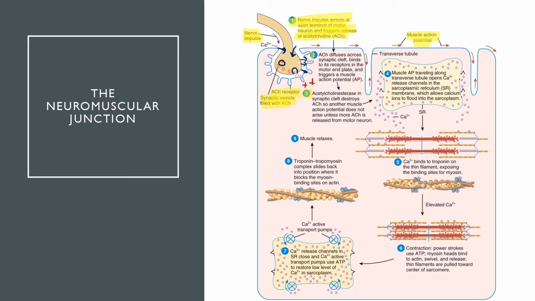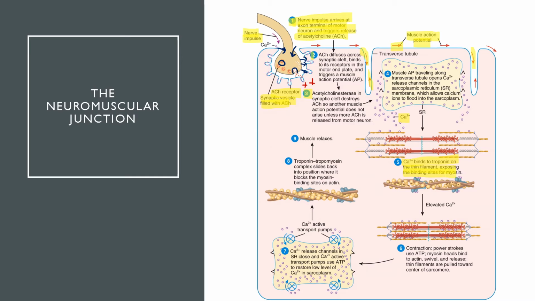Now the muscle action potential is going to propagate along the sarcolemma and then down into these systems of T-tubules. Now this causes the sarcoplasmic reticulum to release its calcium into the sarcoplasm, and the muscle fiber contracts by the sliding filament model. So here we have calcium binding to troponin.